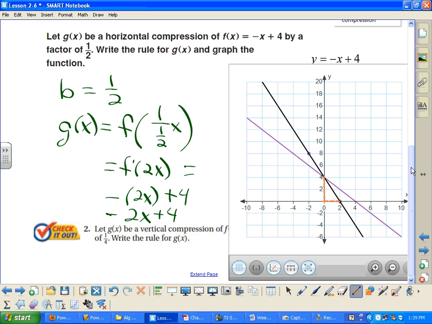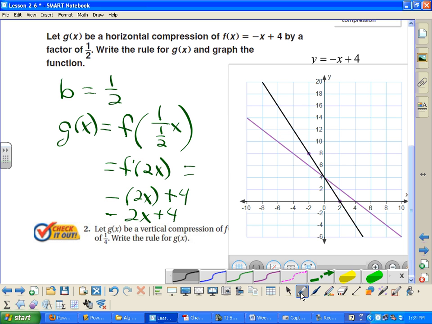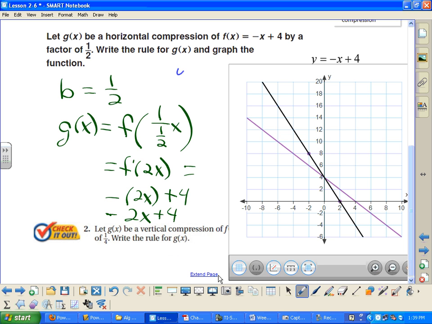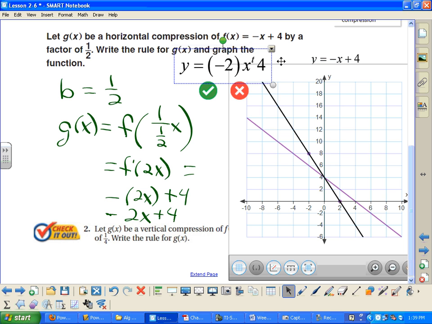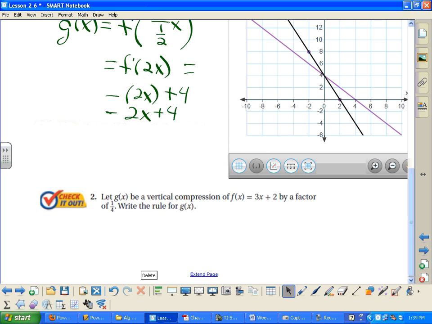All right, let's see if that's correct. So y equals negative 2x plus 4. Delete. Move this down.